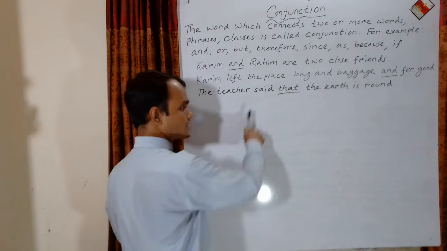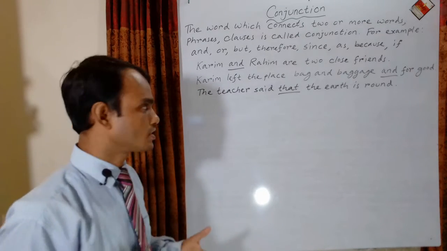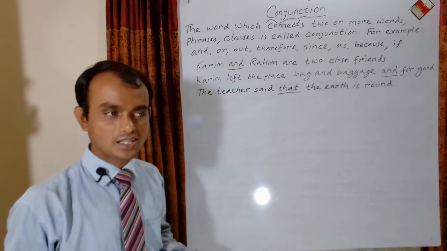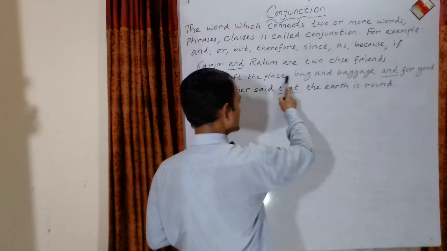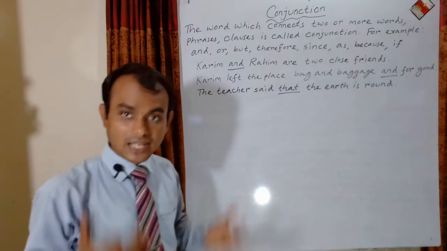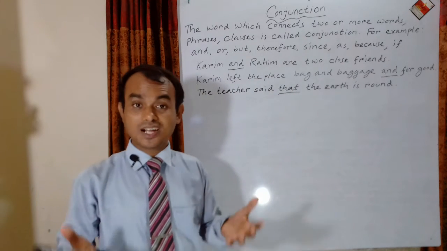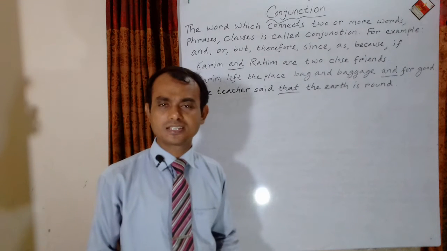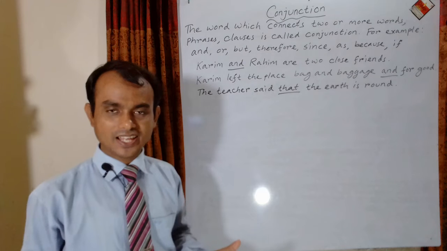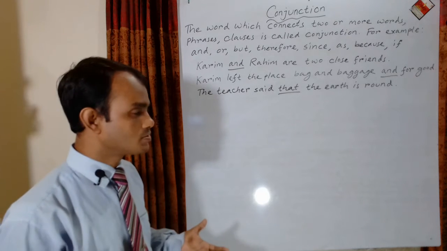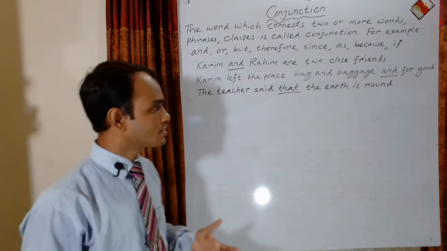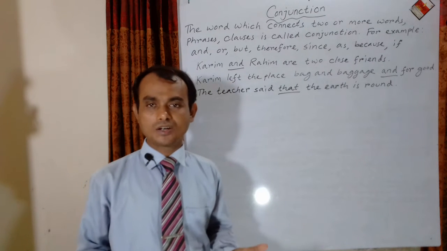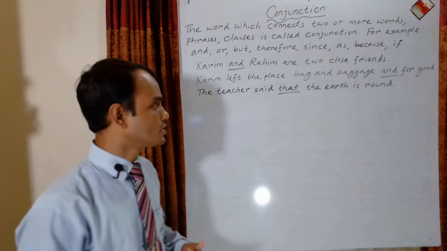The teacher said, this is a clause. The earth is round, this is another clause. And these two clauses have been connected with the word that. So, the word that is a conjunction. Dear students, I have already made some videos on clause and phrase. You can watch those videos first. Then you can come here and understand very easily. For this reason, I have mentioned to watch all the videos one by one. Okay.